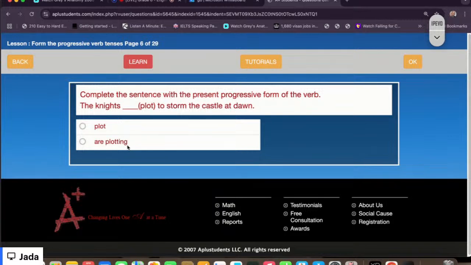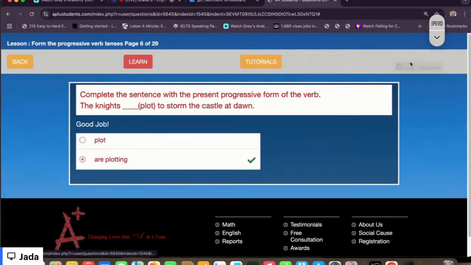Okay, so are plotting to storm the castle at dawn.